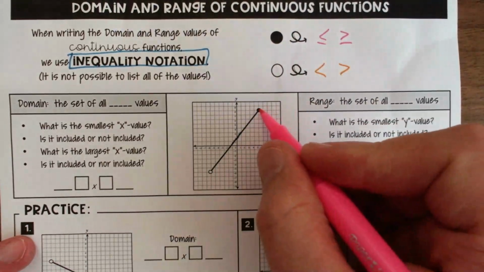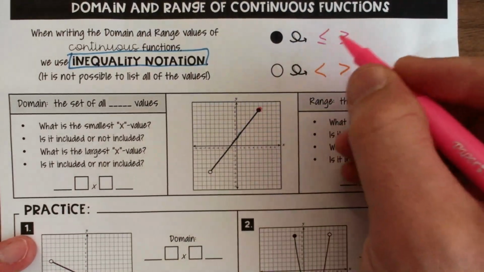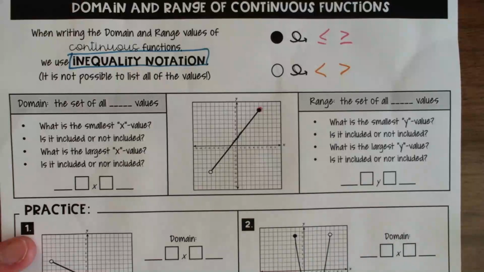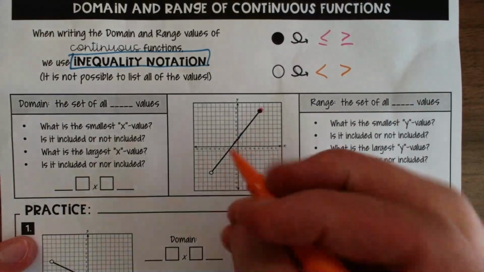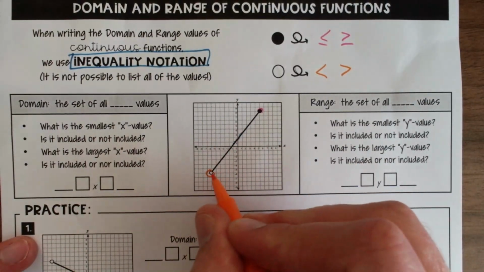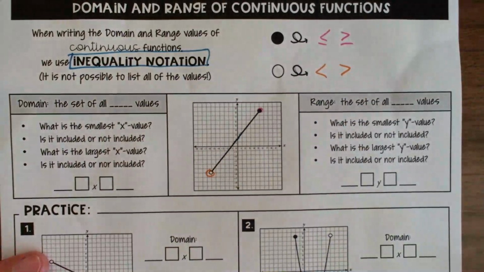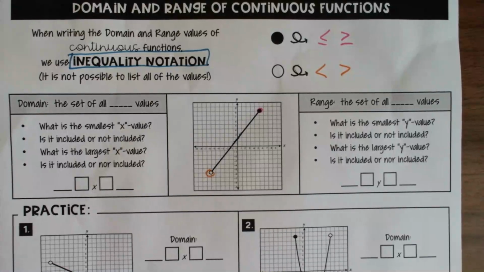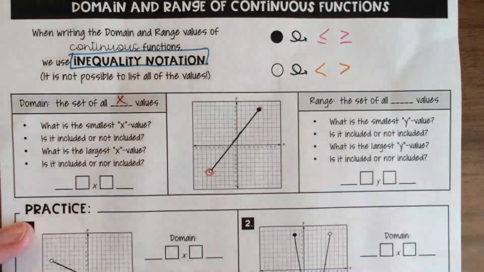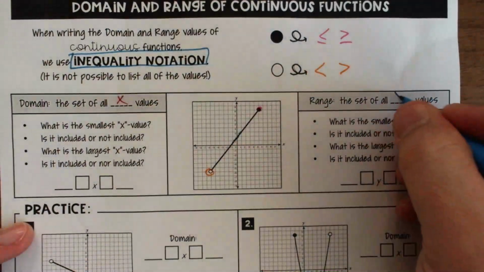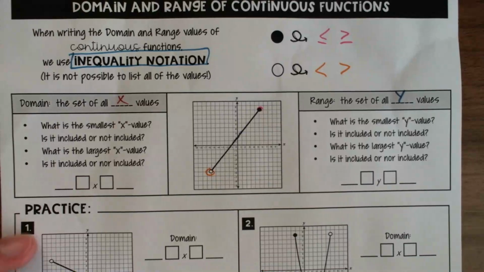Remember, we close in our dots when it's less than or equal to or greater than or equal to. When we keep our dots open, it means less than or greater than. So remember, domain is the set of all x values. Remember, range is the set of all y values.